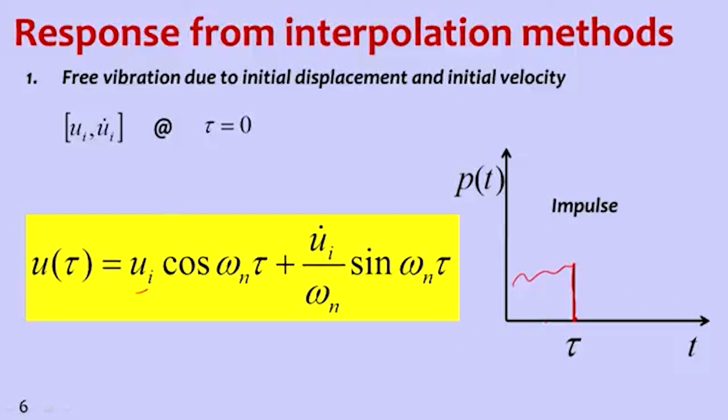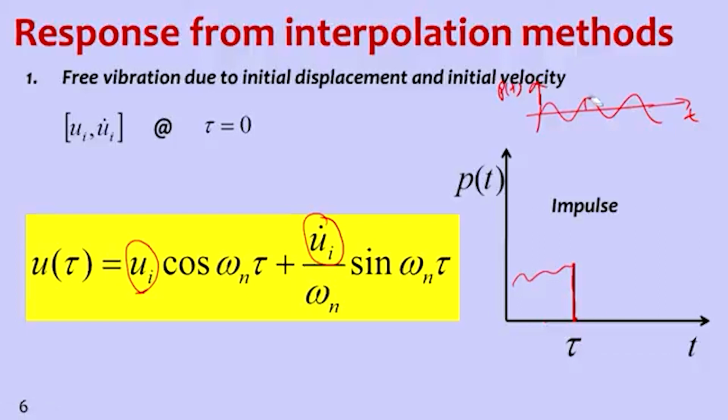So we need to understand this one. This ui and u dot i, these are initial conditions due to the application of force up to this point. If we suddenly stop force at this point, how will the system vibrate? Let me explain that. Say this is the forcing function, p of t versus t, and say we are suddenly stopping force at this point.